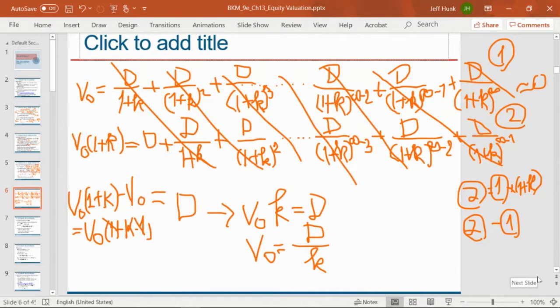You see, this is how that formula of the zero growth model is derived.